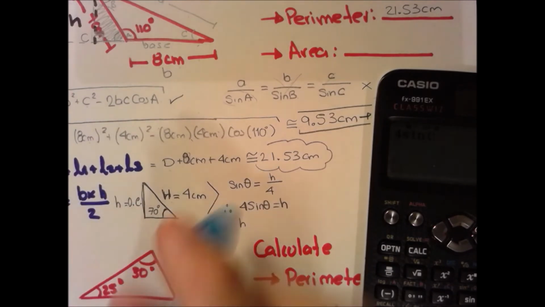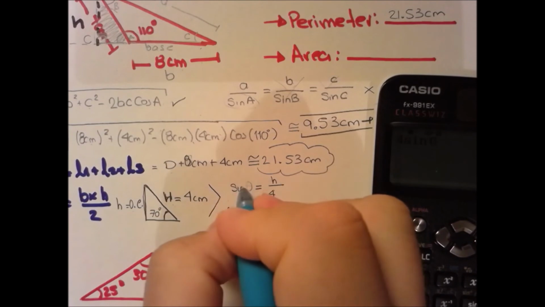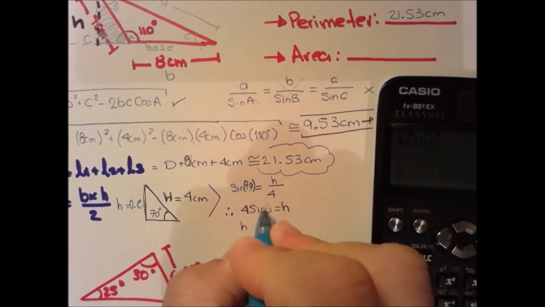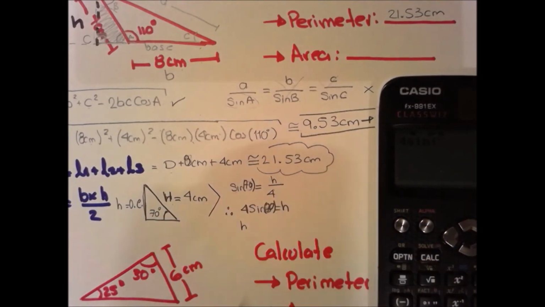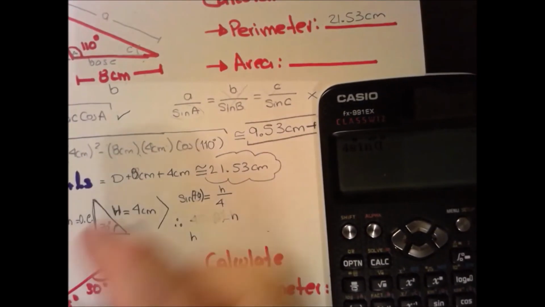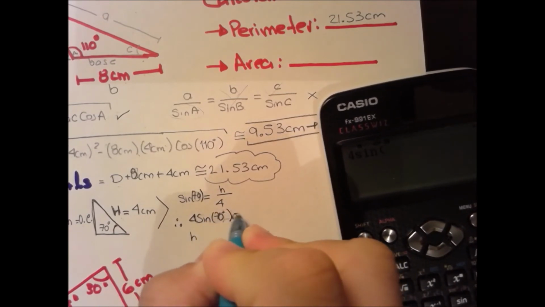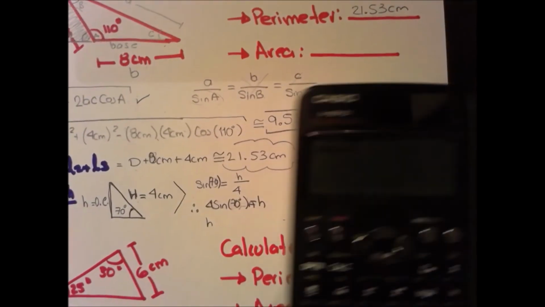Let's put all the information here. Sine of 70. 4 sine of 70 degrees is equal to h, to the height.